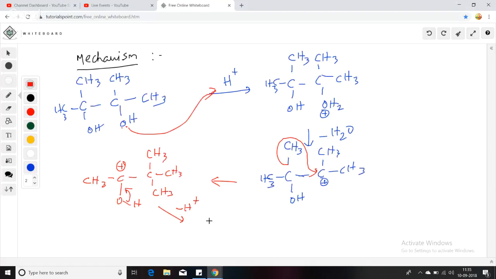We'll get what? CH3, C double bond O, C, CH3, CH3, and CH3. This is what we have, pinacolone. This product is pinacolone. This we call the pinacol-pinacolone rearrangement.